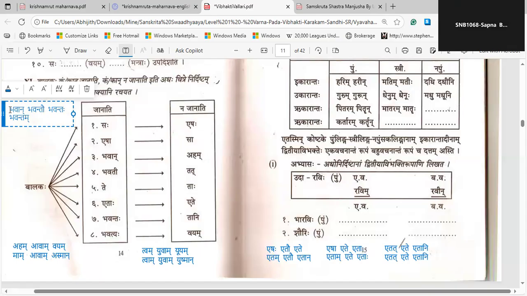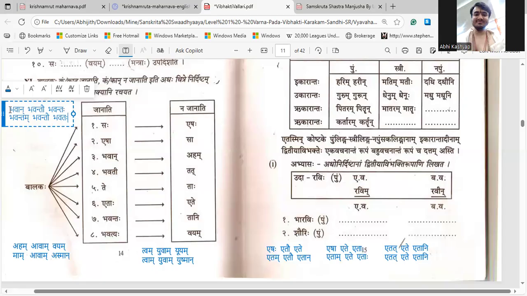No changes in the dual for Dvitiya. Now Bahuvachana, Bhavataha. So this is one. This Bhavan is Pullinga.